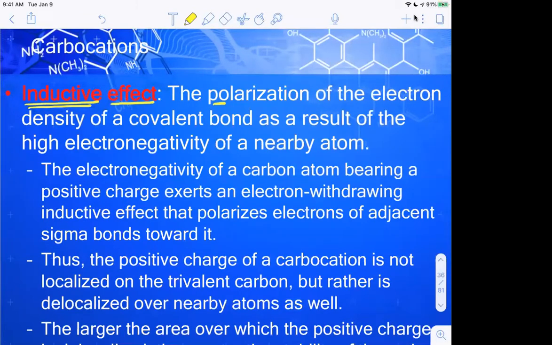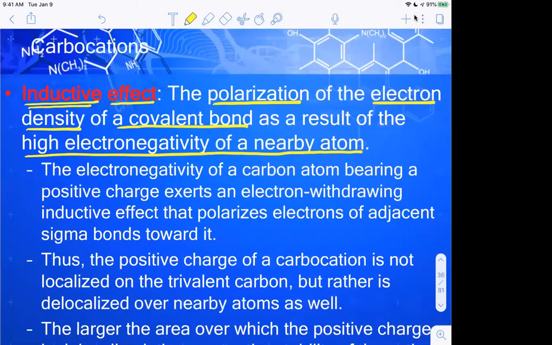I have this polarization of electron density in a covalent bond, which is a result of the high electronegativity of a nearby atom. My carbon atom bearing a positive charge has a very electron-withdrawing inductive effect, so it's going to pull electrons towards it.